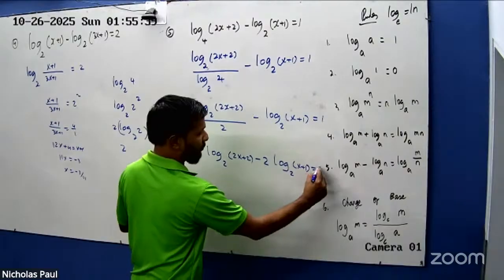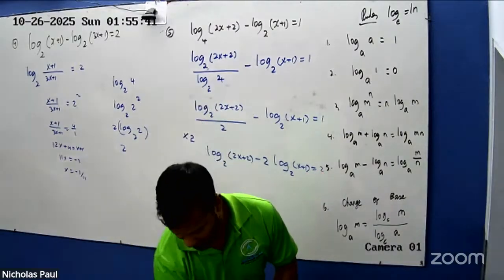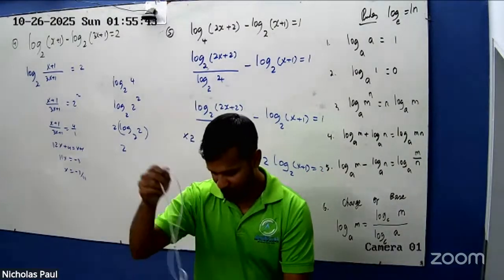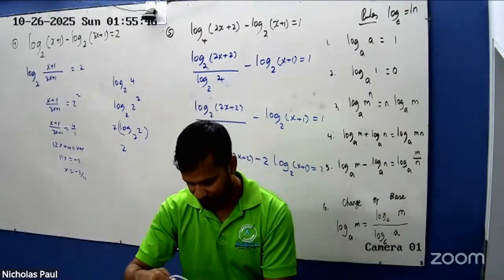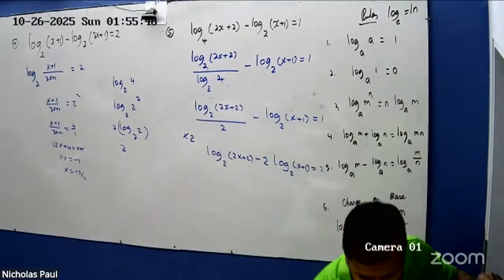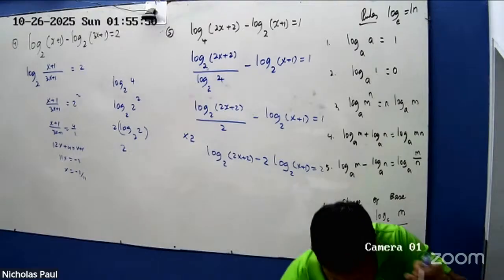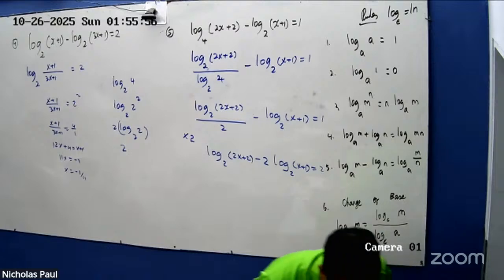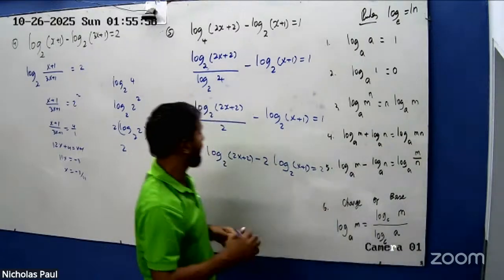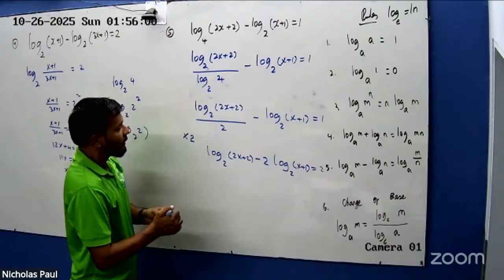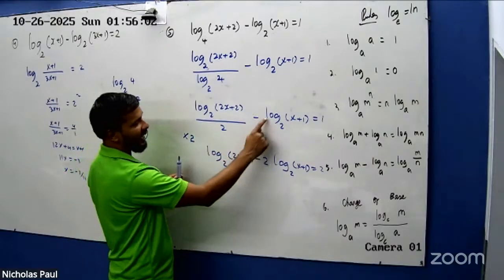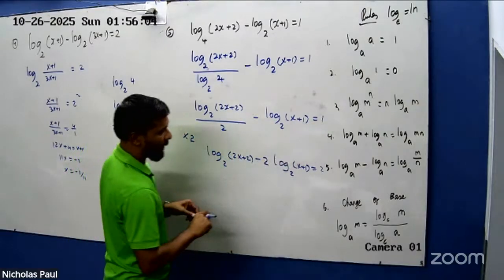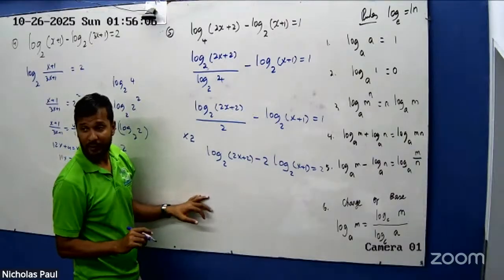So the 2s cancel here, I'll get 2 here, and I'll get 2 there. Everybody okay with that?